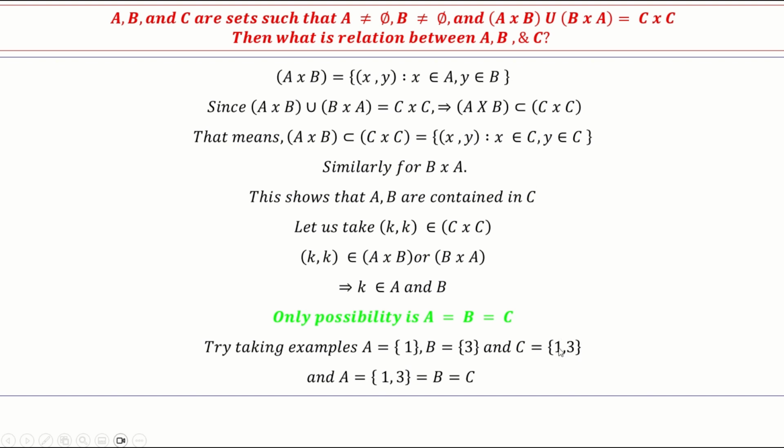What are the possibilities? (1, 3) is possible. Second ordered pair is (3, 1). Third ordered pair is (1, 1), which cannot come from this. And (3, 3) also cannot come from this. That means it has to be the same set. Take this example A equal to B equal to C equal to {1, 3}, and you will find this is true.